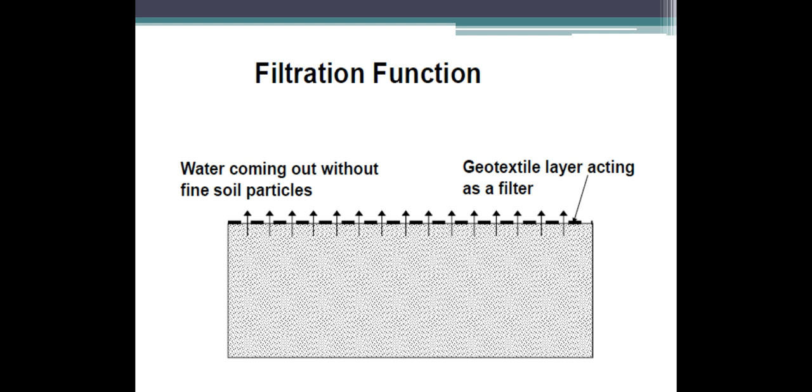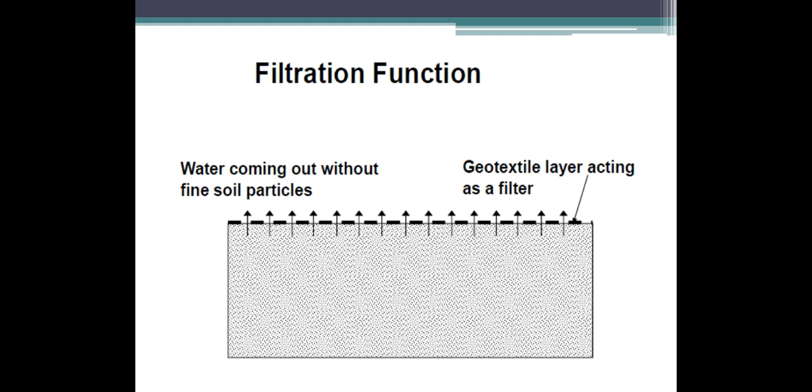What is the function of the filter? It avoids the flow of fine soil particles when water enters the pavement layer. When there is wheel movement, there will be development of pore water pressure, so the water comes at high pressure. During that water movement, the soil particles will be retained.